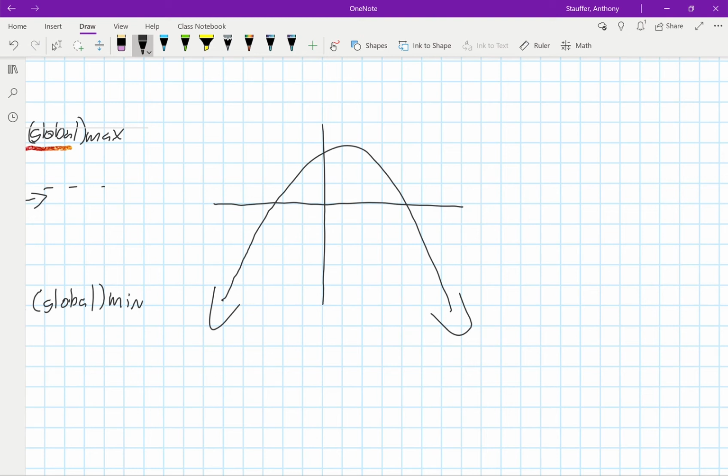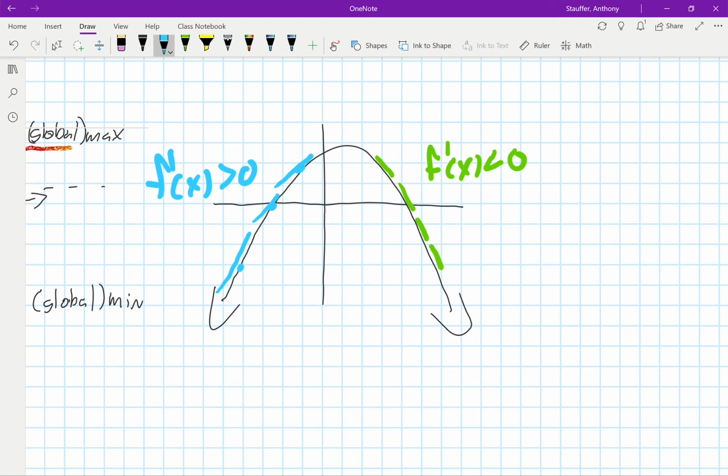Now, looking at this, we can see that as I'm going upwards, if I draw those tangent lines in, so if I have a point right there and I draw that tangent line, point right there, draw that tangent line, point right there, draw that tangent line, everything on my left-hand side of that maximum is positive or it's going up, or f prime at x would be positive in that case. If I look at my other side, as everything's going downwards, we see that f prime at x is negative. So on this side, my f prime at x would be less than 0. And on this side, my f prime at x would be greater than 0.